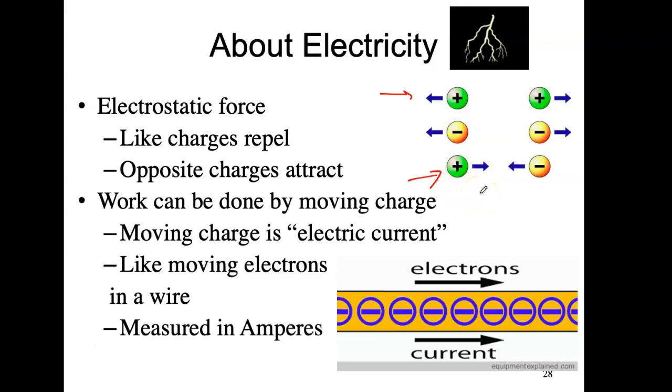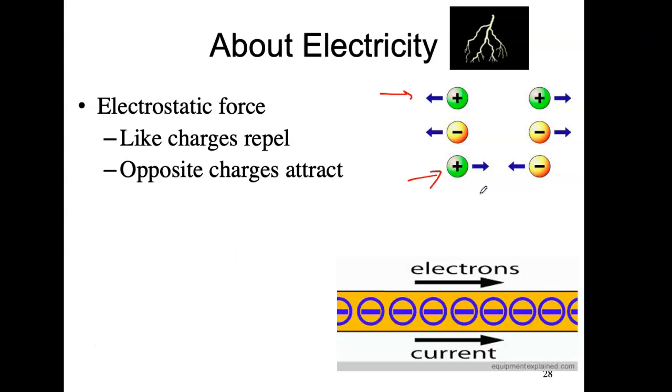So what that does is, if we had an ion in the body that was of one charge and another, they're going to attract each other if they're of opposite charges. So big picture, I'm reading now, electrostatic force, like charges repel, opposite charges attract.